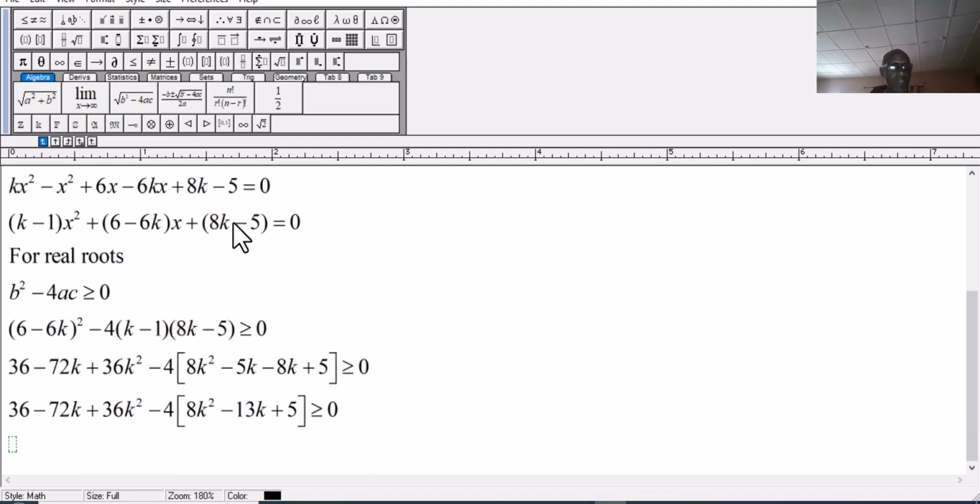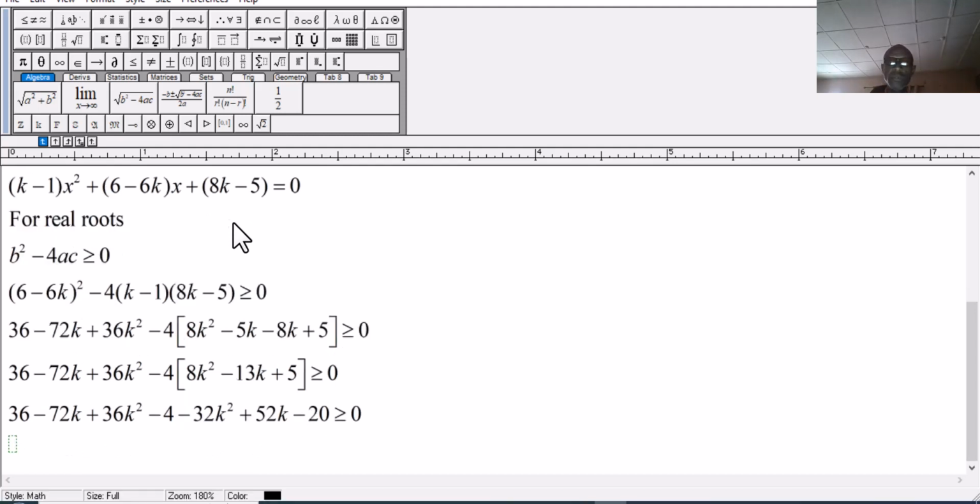So let's simplify this again. That will be minus 32k squared minus 52, that will be plus 52k minus 20, greater than or equal to 0. So we now have something close to this.